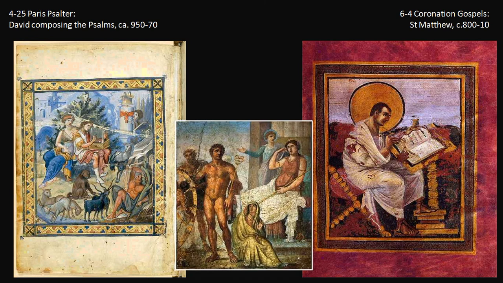In addition to the purple page, the other elements that speak this symbolic message that Charlemagne is the new Holy Roman Emperor is the style of the piece, the way in which the artist paints.